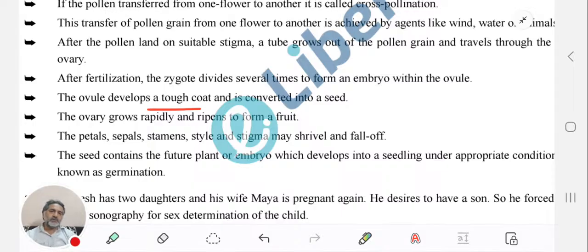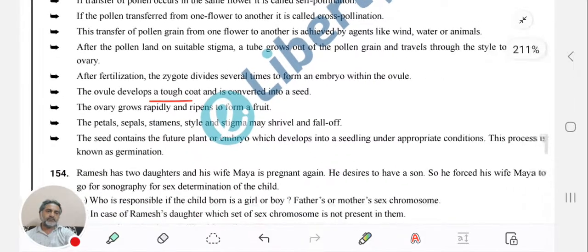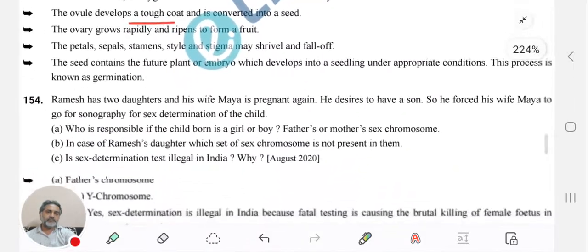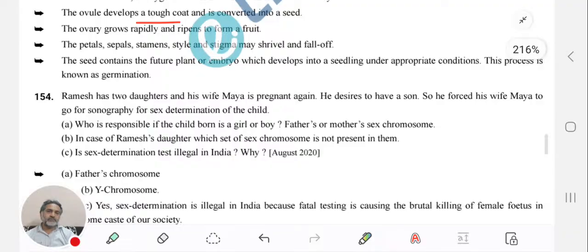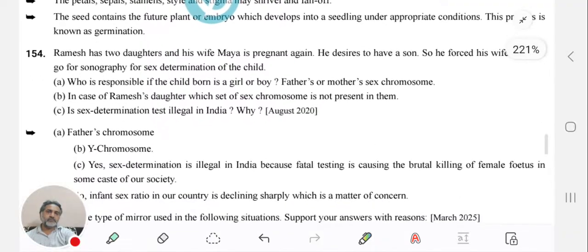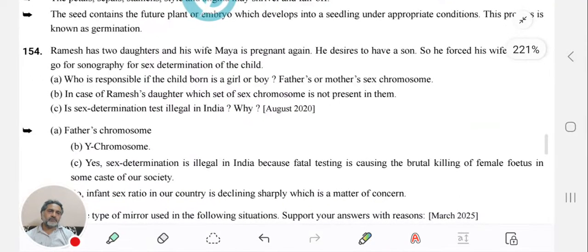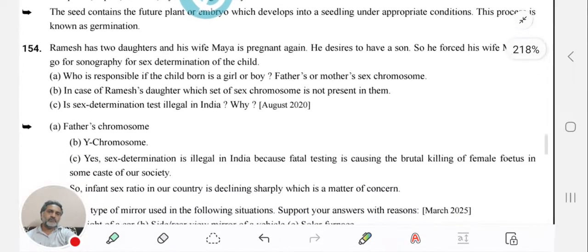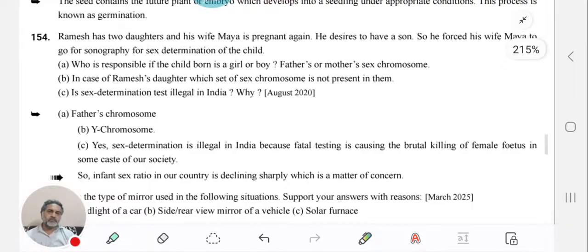The ovary grows rapidly and ripens to form a fruit. The petals, sepals, stamen, style, and stigma may shrivel and fall off. The seed contains the future plant or embryo, which develops into a seedling under appropriate conditions. This process is known as germination.